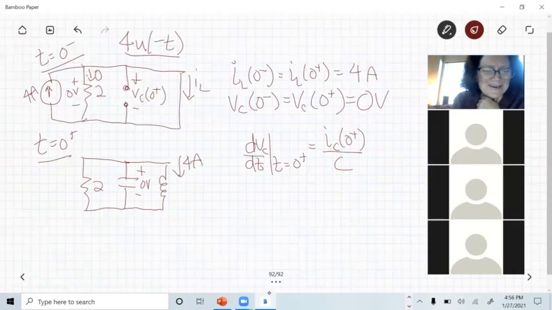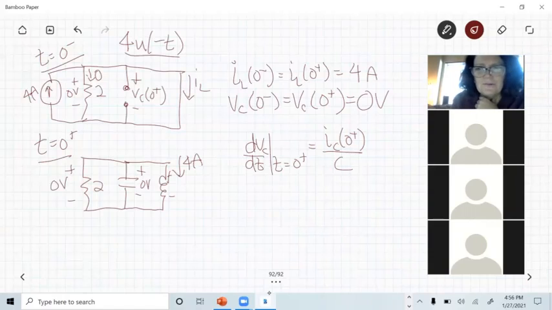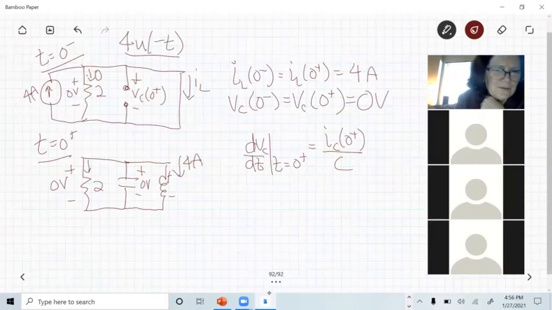Okay. Well, I know how to get there. I've done this before. What we have here is 3 devices in parallel. They share the same voltage. So the voltage across the resistor is 0 volts. If the voltage across the resistor is 0 volts, Ohm's law tells us the current must be 0.